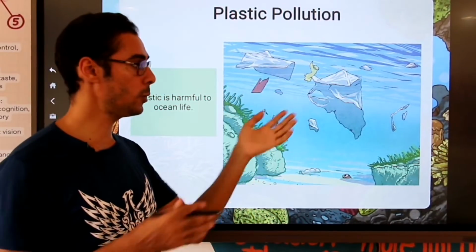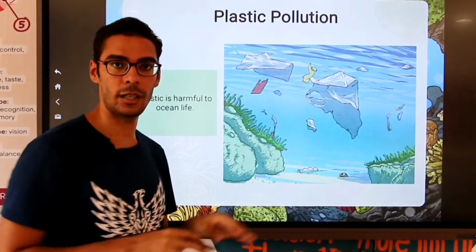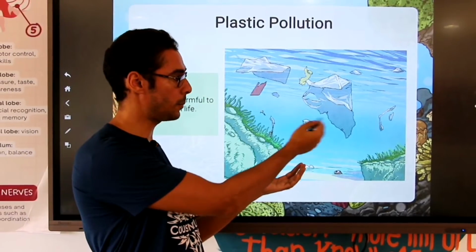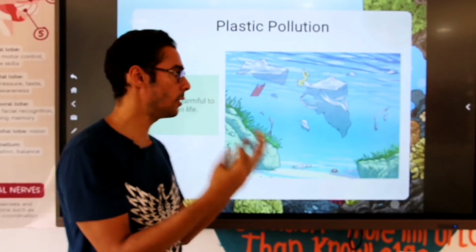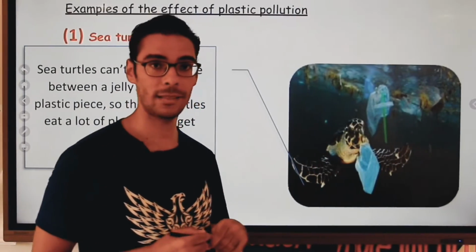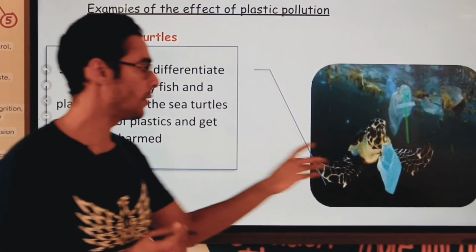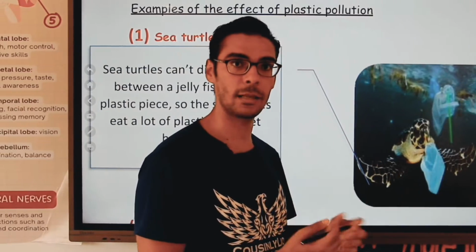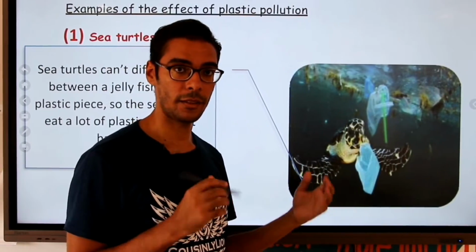So the plastic products, when they are moving in the water like that, the sea turtles cannot differentiate between the plastic products and the jellyfish. They might feel like it's a jellyfish, so they go to hunt it. So when they go to hunt the plastic products as jellyfish, they struggle. They get stuck in the plastic bags, the plastic bottles, the plastic products, so they cannot untie themselves.